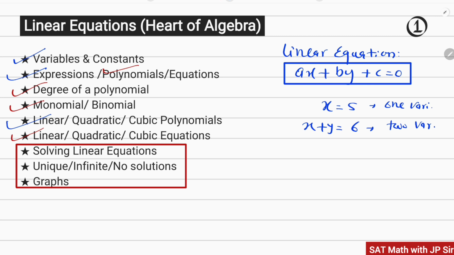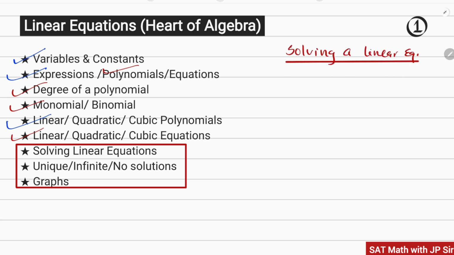Now we have solving linear equations. How to solve a linear equation? First of all, what is called solving a linear equation? It means we have to find the values of the variables that are in the equation.